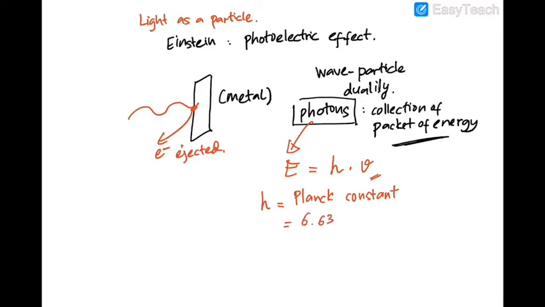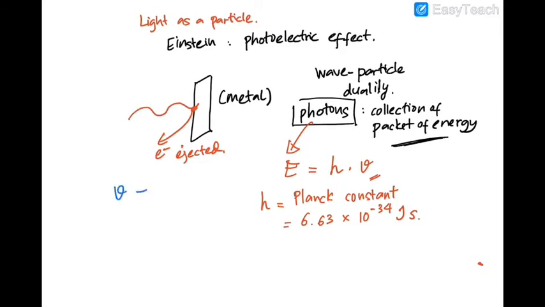which is equal to 6.63 times 10 to the minus 34th joule second. We know from our discussion before that frequency nu is equal to c, the speed of light, divided by lambda.